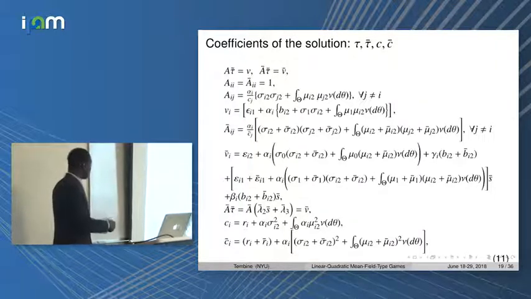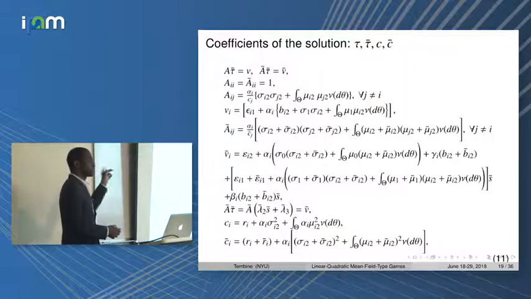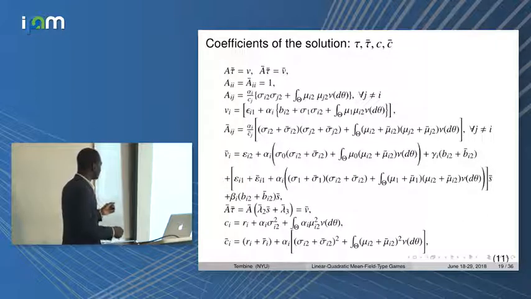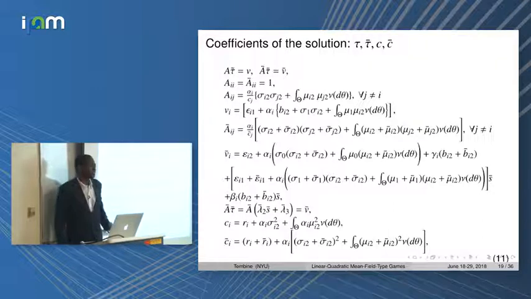So you invert this matrix A, and here you get a tau, and that tau is the one that was involved in the previous equation. And there are coefficients that were appearing, Ci, Cj's. Ci is given here. We need this coefficient to be positive.